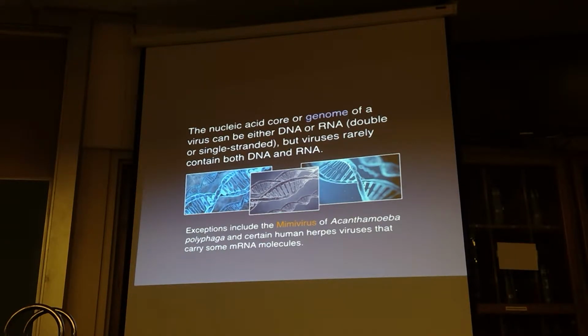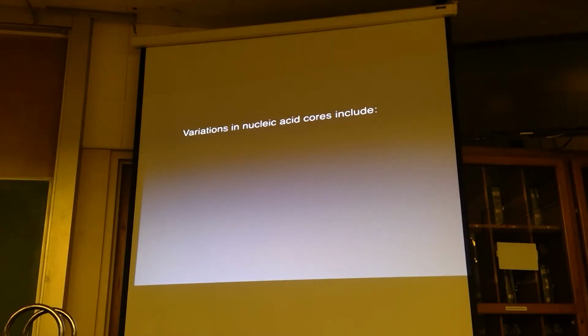This little exception that's mentioned here, there is a virus called mimivirus. It's a virus that infects Acanthamoeba, and it contains some messenger RNA molecules. It's a DNA type virus that has RNA. So they've actually found viruses that have both DNA and RNA. Rather rare.